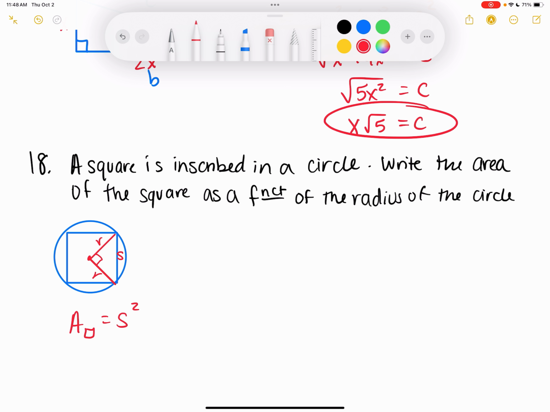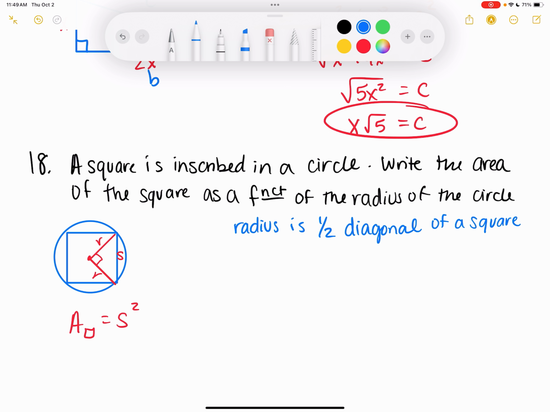All right, so just as a note, the radius is half the diagonal of a square. So I need to rewrite this as a function of R. Any idea how I would do that?